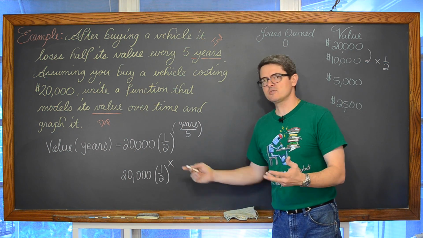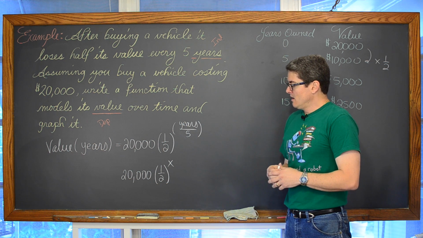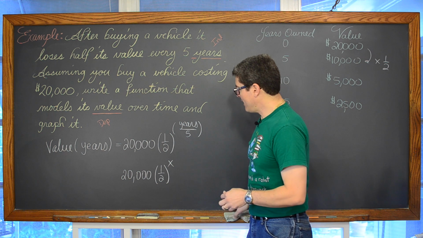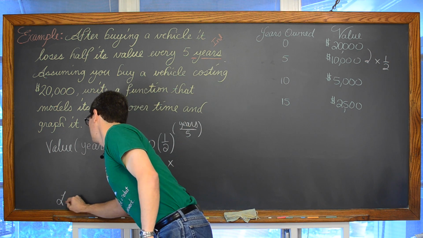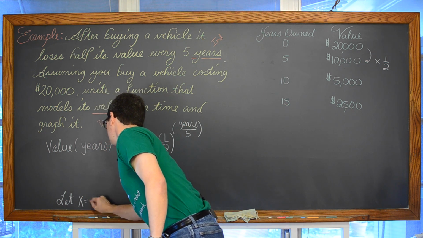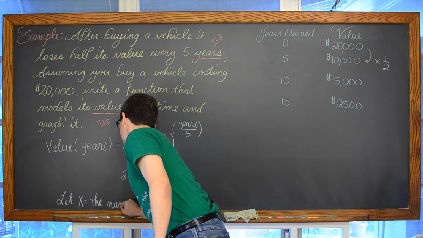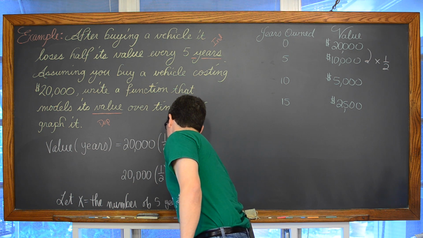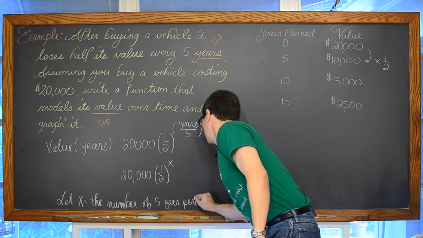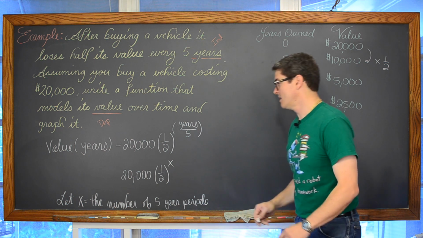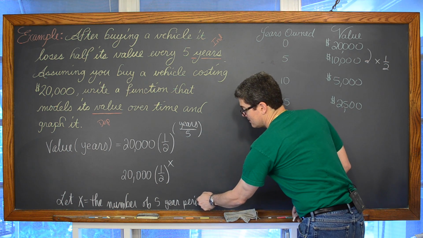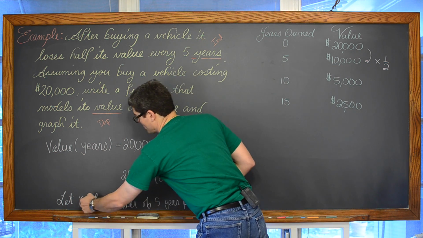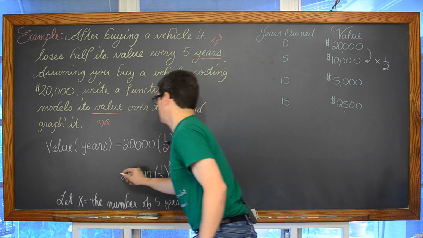But I just said that you couldn't just simply put an x there. Well, how are you going to define your variable? If I say let x equal the number of 5-year periods, that is going to be an appropriate definition of what x will be to allow this formula to work.